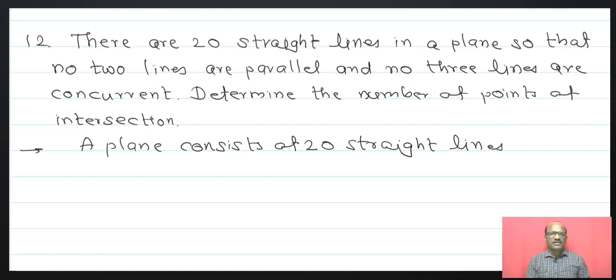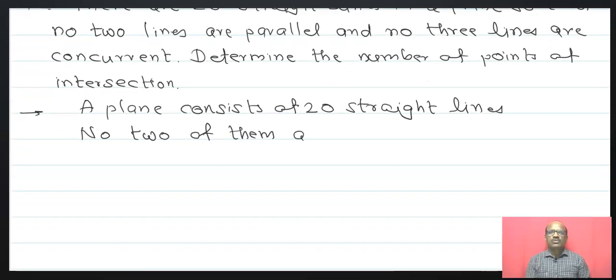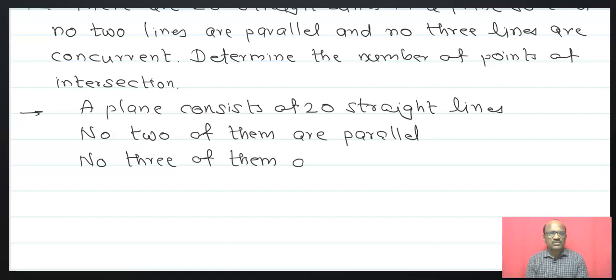A plane consists of 20 straight lines. No two of them are parallel and no three of them are concurrent, which means they do not intersect at a single point.